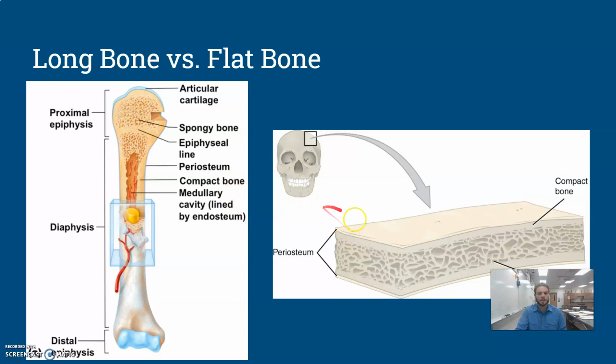You have the periosteum, the compact bone, and the spongy bone in both. The main difference is that in your long bone, you're going to have this medullary cavity filled with yellow marrow, and you're going to have some sort of epiphyseal plate or epiphyseal line, because your limbs need to grow a lot more than your skull does. So that is the anatomy of a long bone.